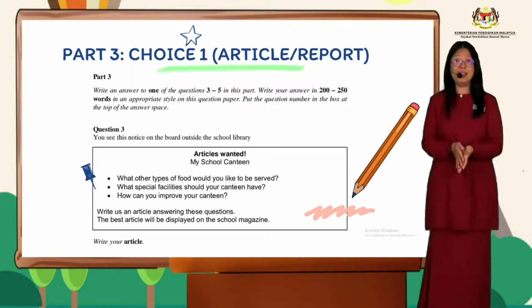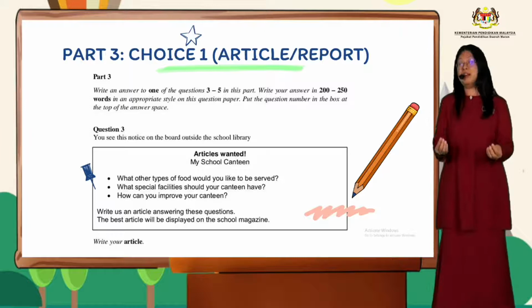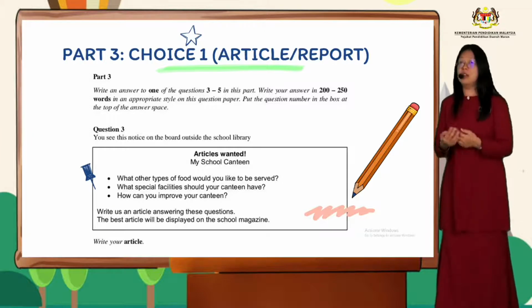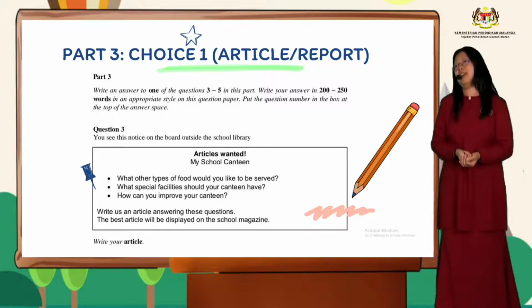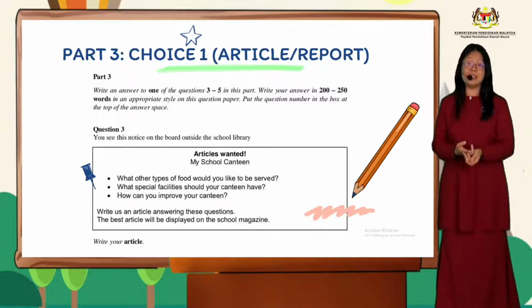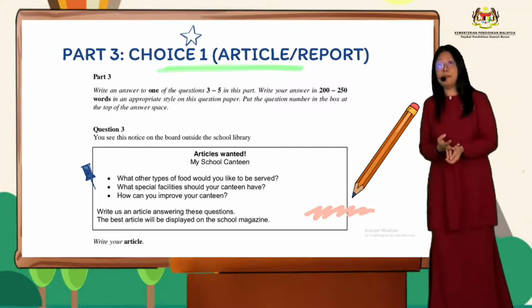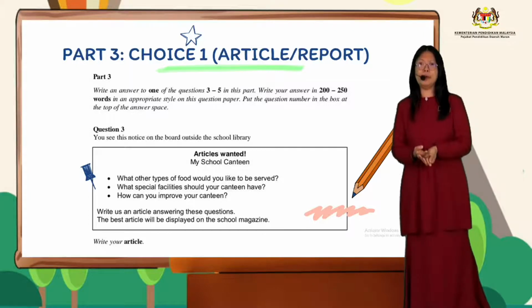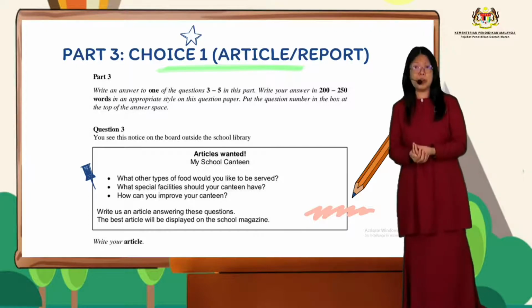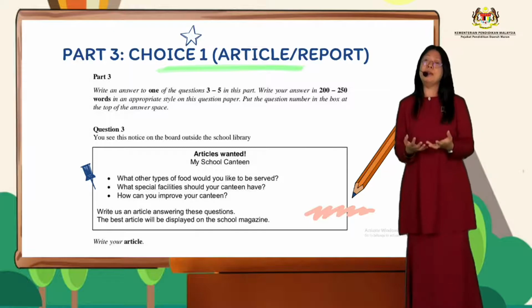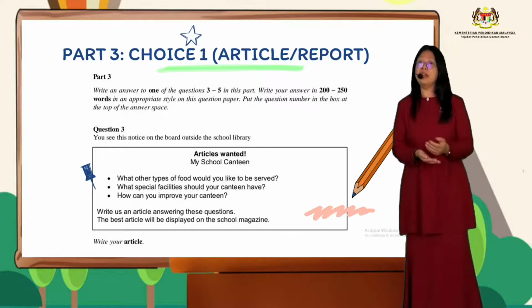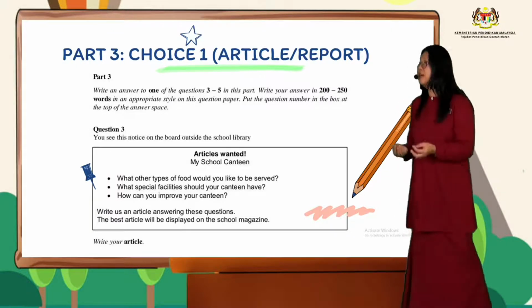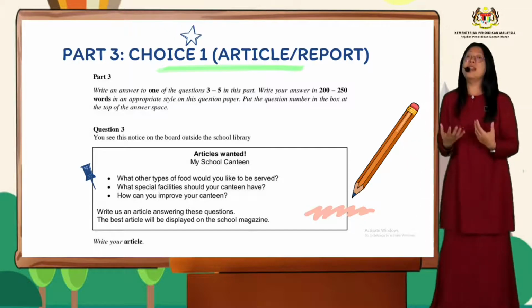Meaning your targeted reader, your audience, are your friends, students, teachers, the principal in your school, the canteen operators, the security guards, people that we see every day. So use a semi-formal register here.